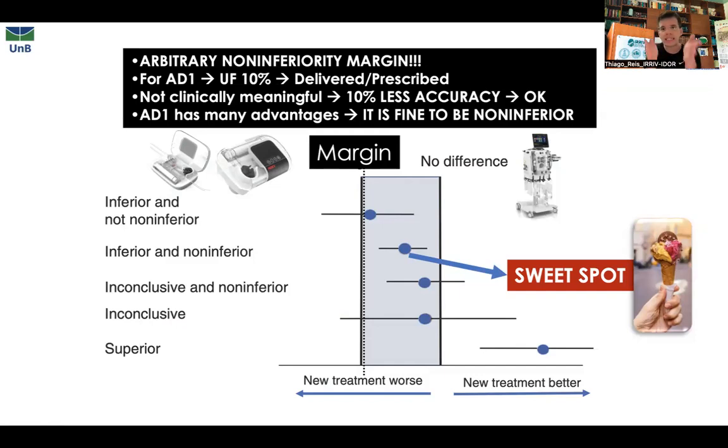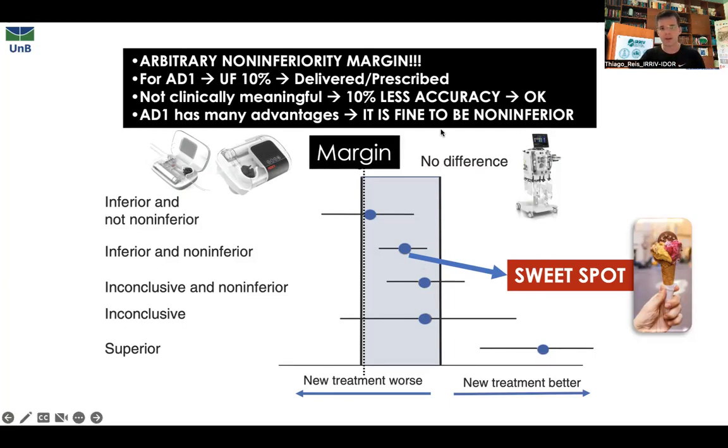If AD1 is equal or even worse, but in a margin that is not clinically significant, this is a good intervention because it's smaller, it's cheaper, you can perform it in the ward, so there are other benefits that will compensate inferiority in efficacy.